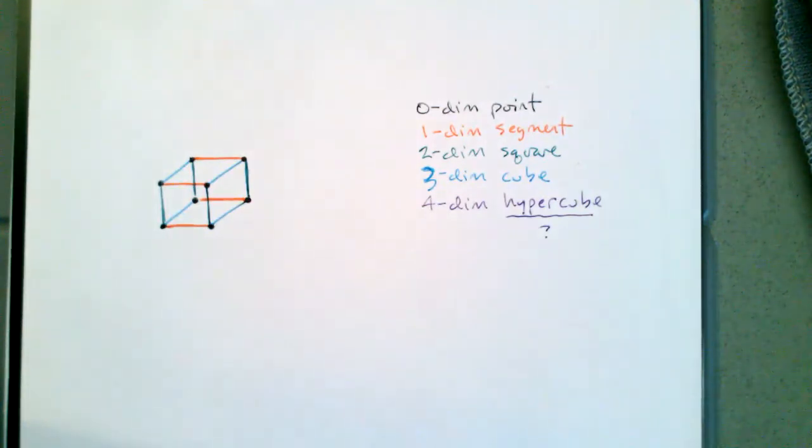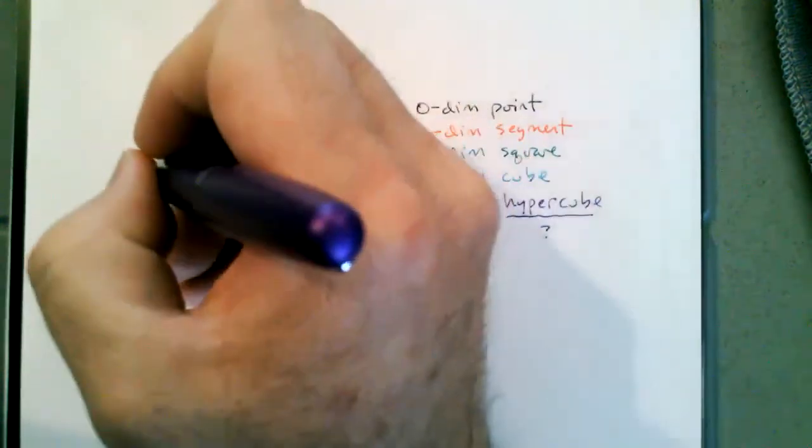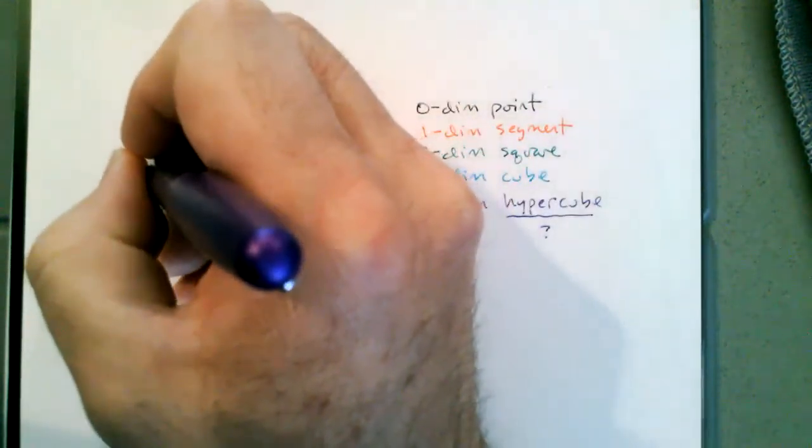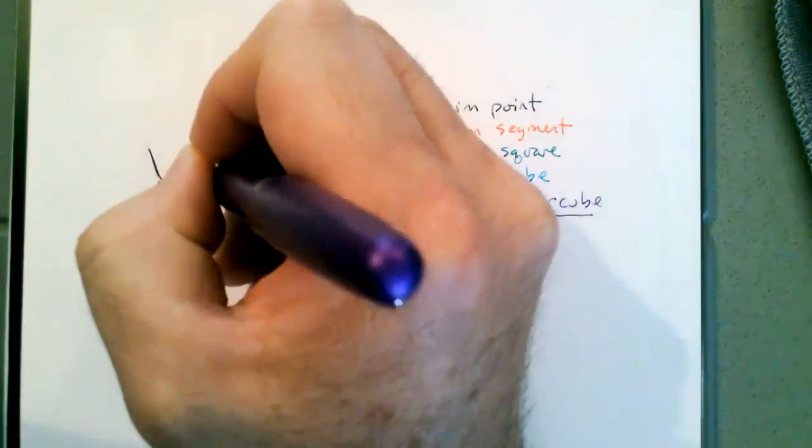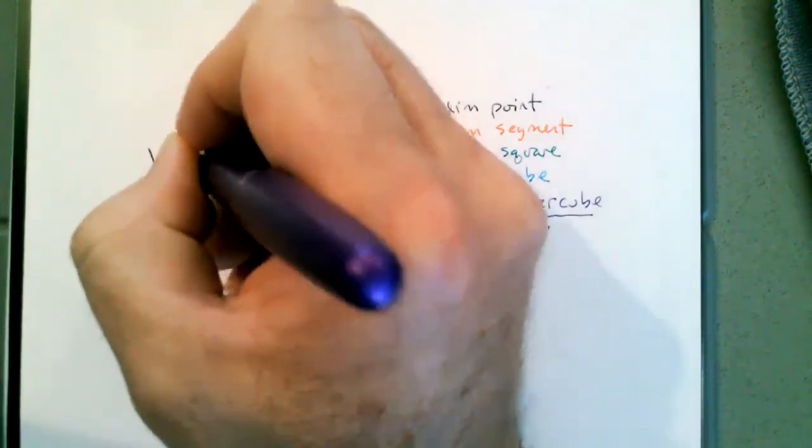So the problem is, if I try to draw this, it's going to look a mess because I've already squashed one dimension out of this object. Now, if I try to draw it on a plane, I'm going to be squashing 2 dimensions out of it. But all we have to do is project each of these points into a dimension that we're not already using.